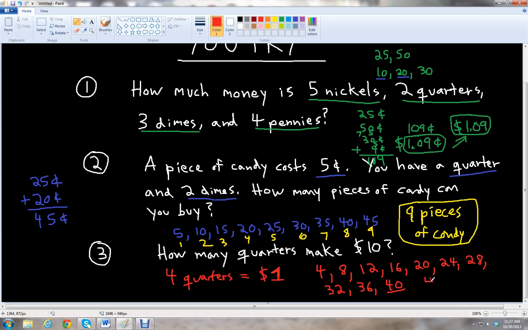So you'd have 40 quarters, and then that equals $10.